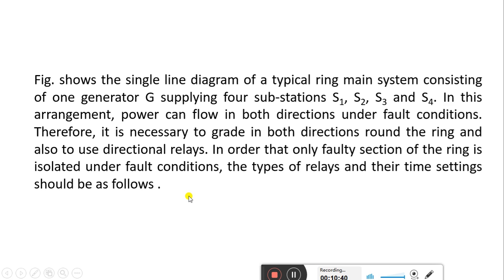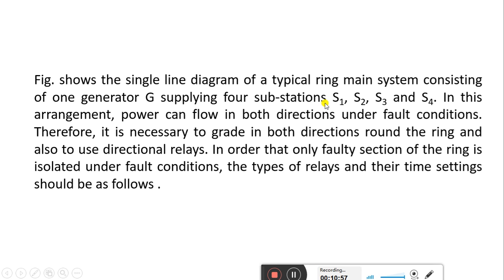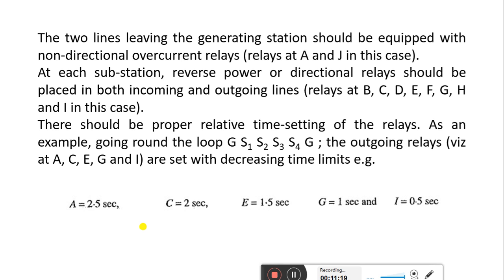The two lines leaving the generating station should be equipped with non-directional overcurrent relays, such as relays A and J. Already we have discussed that to ensure this protection system, two relays at the generating station should be non-directional: relay A and relay J.